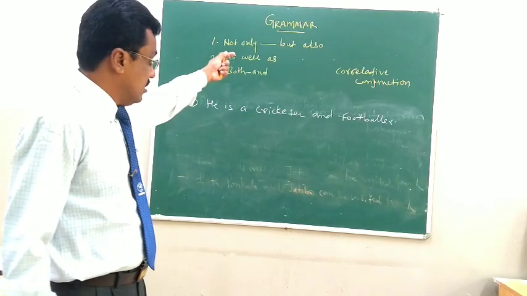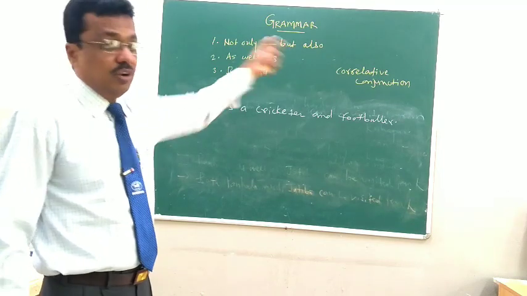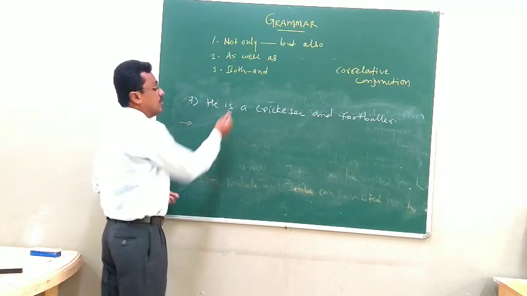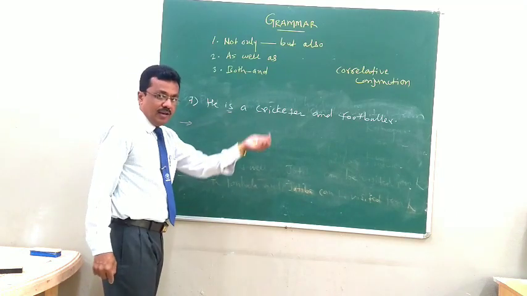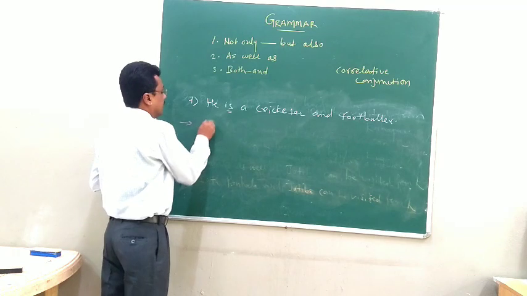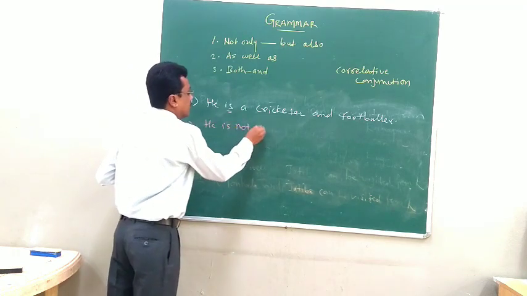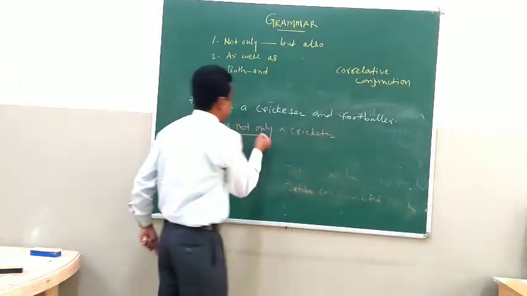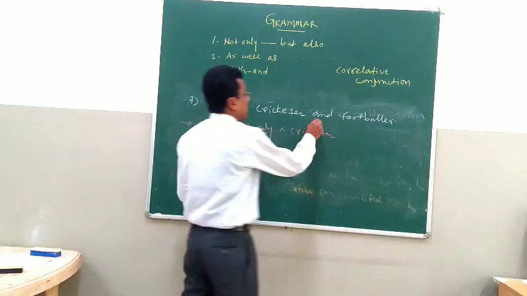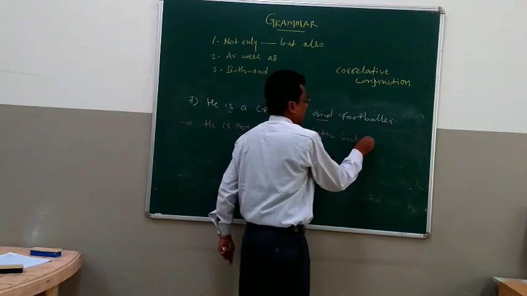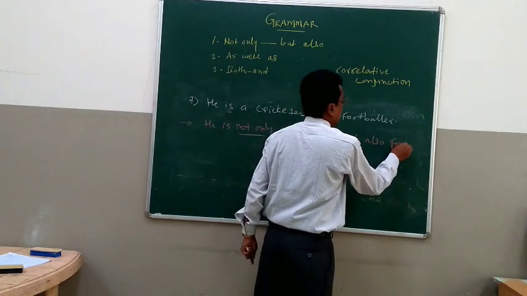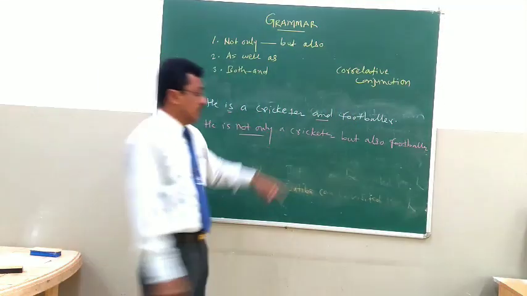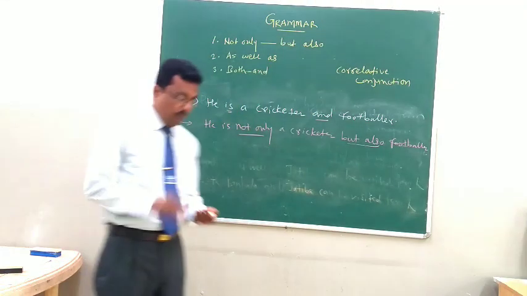He is a cricketer and footballer. So how do you use it here? Helping verb is there, so after the helping verb comes "not only": he is not only a cricketer, in place of "and" use "but also" a footballer. He is not only a cricketer but also a footballer.